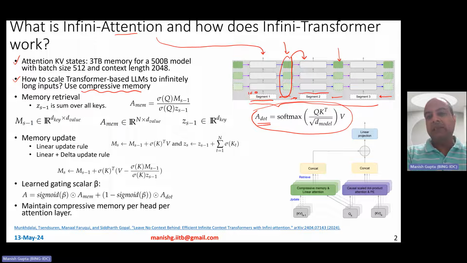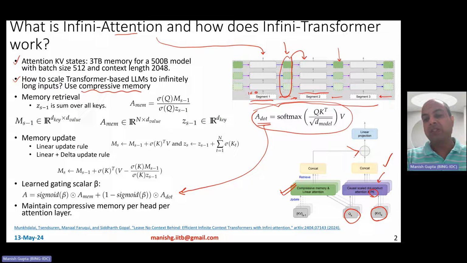Now, how is this achieved by reusing the memory from the previous segment? That is what we need to understand. As you see here, when you're processing the next segment, you're not just going to take the queries, keys and values for the current segment, add position embeddings and compute the self-attention, but you're also going to make use of the information from the previous segments.